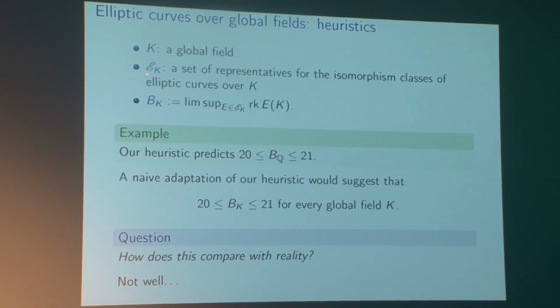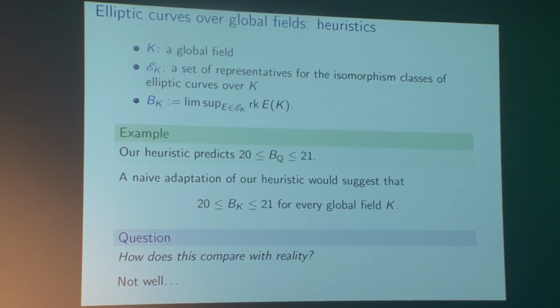You can single out a set of representatives for the isomorphism classes of elliptic curves over that field. Let's call that E sub K. And you can define an analog of this number beyond which there should be only finitely many elliptic curves of that rank. So you can list the ranks of all the elliptic curves and take the lim sup, which is the number beyond which there should be only finitely many with greater rank.